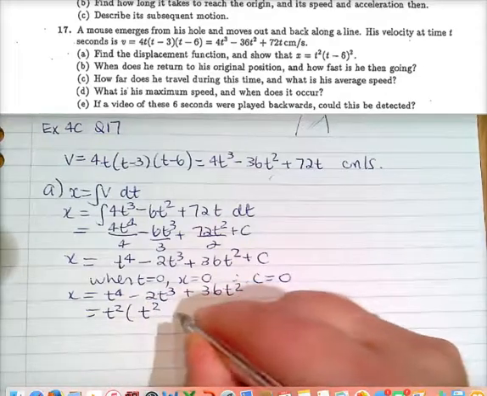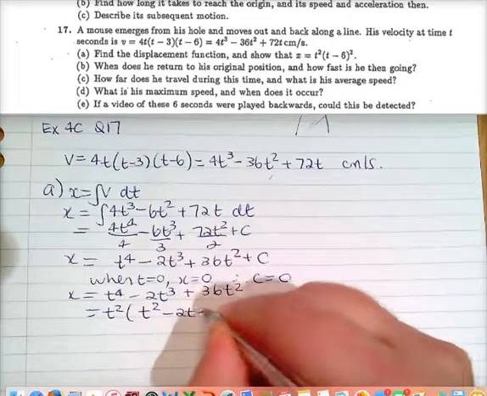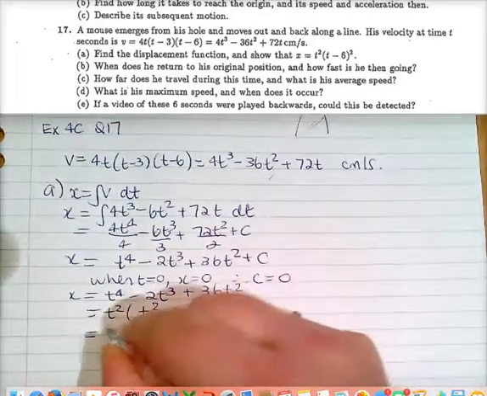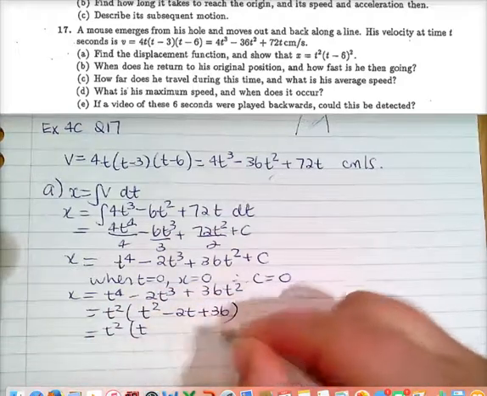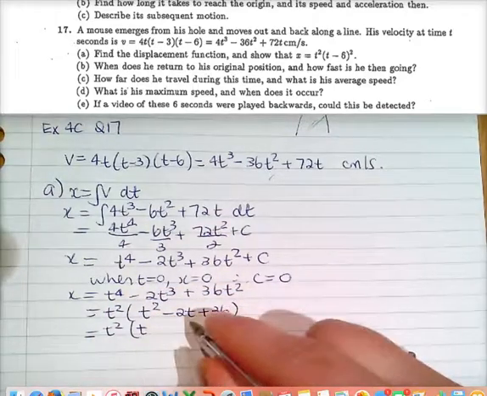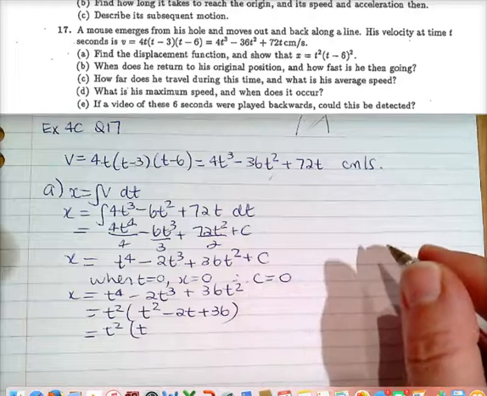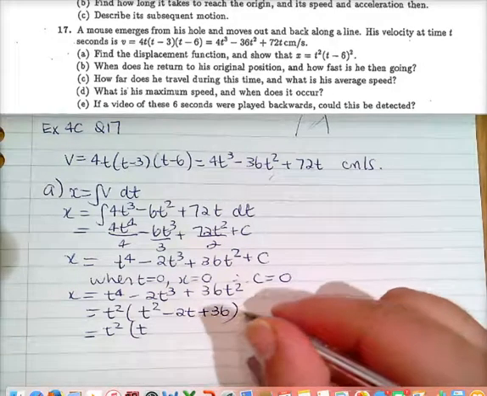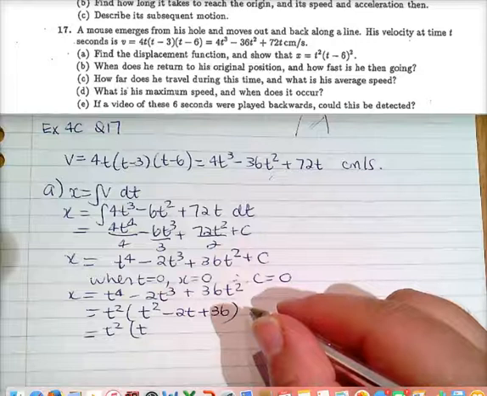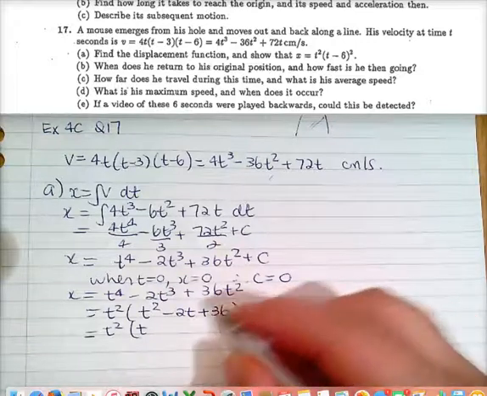And we'll get t squared bracket t squared minus 2t plus 36, and this can be factorized as well, because the factors of 36 that add up to -12, we've got 6 and 6, which don't, 9 and 4, which don't.